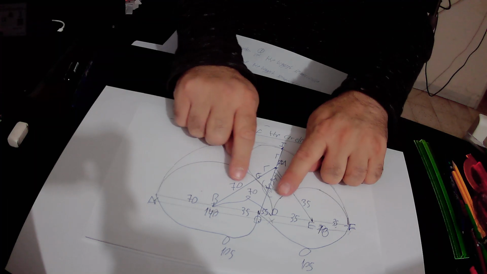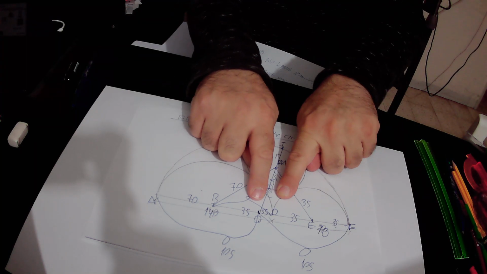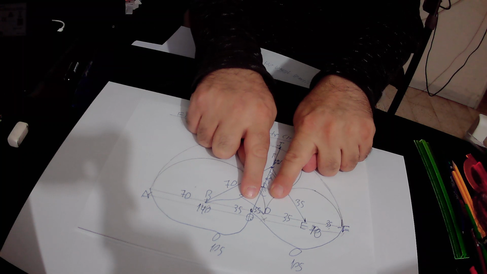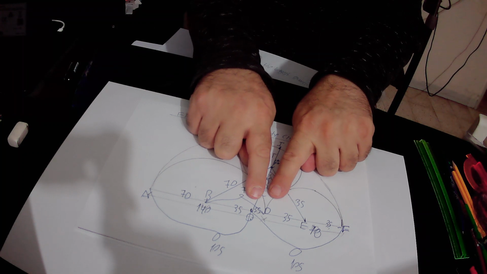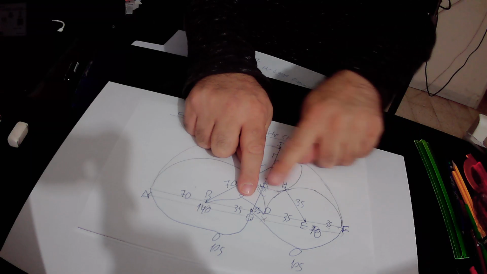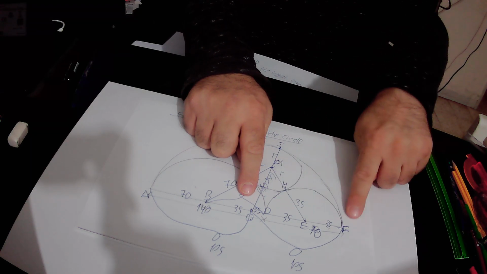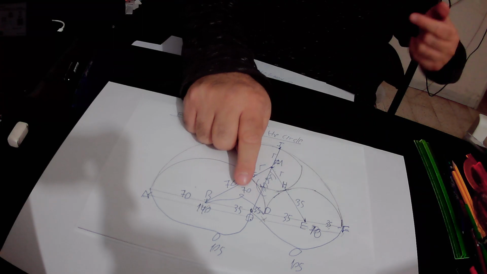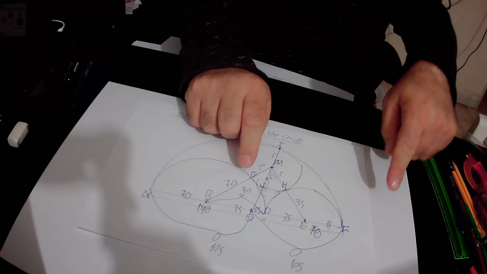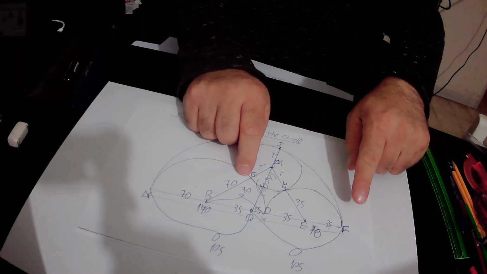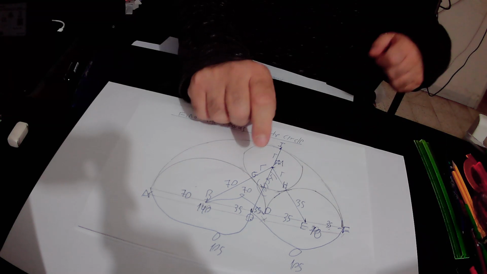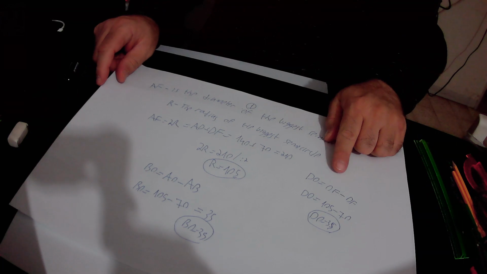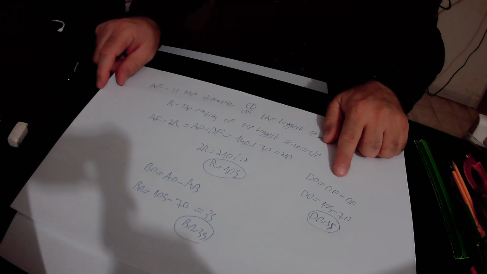What is the length of this line segment DO? From the drawing, it is very easy to see that DO equals OF minus DF.